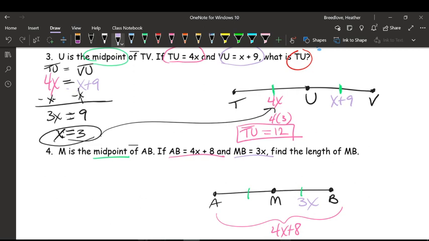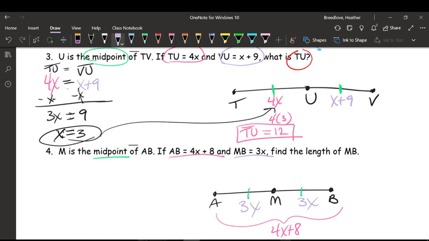How can I solve this one? What do I know about AM? Yeah, AM is the same as MB. So if MB is 3x, then AM is also 3x because of that green dashed line that says that they're congruent because of the word midpoint in the problem.